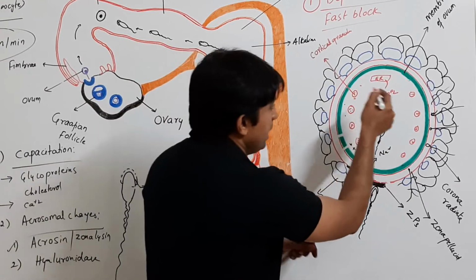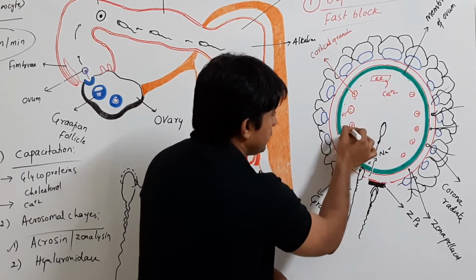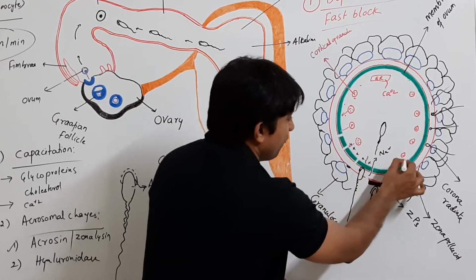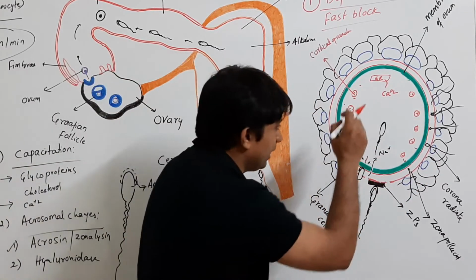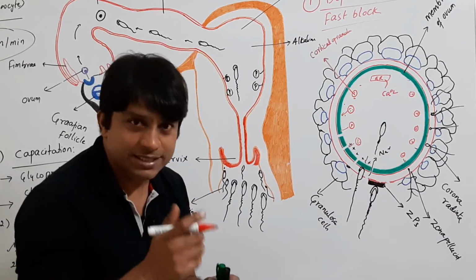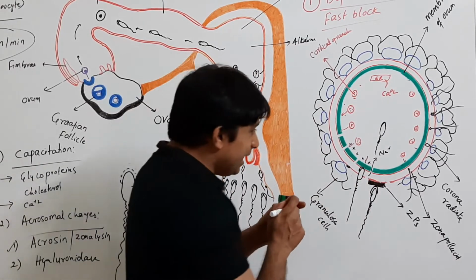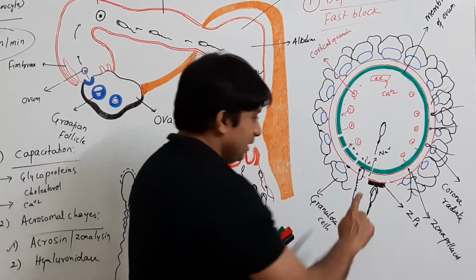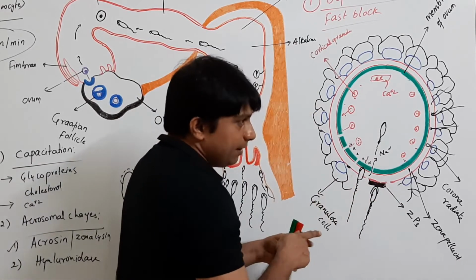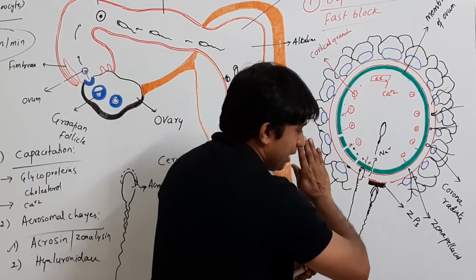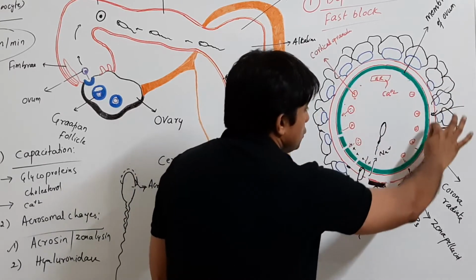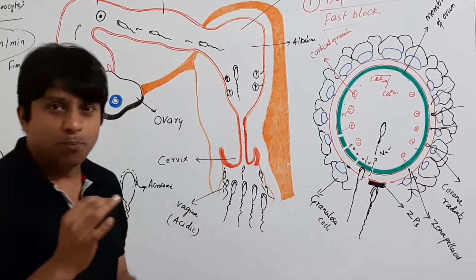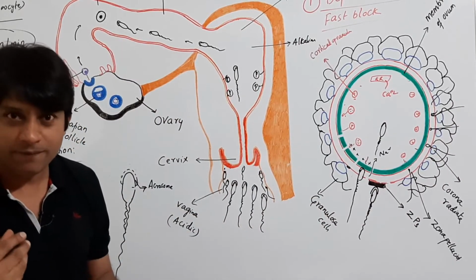With the release of this calcium, all the cortical granules start moving towards the surface of the membrane of the ovum. These cortical granules secrete enzymes, and these enzymes completely lyse the receptors present on the zona pellucida to prevent polyspermy.